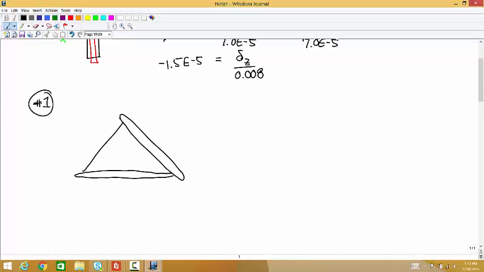We have this triangular shape, and all the members are connected by pins. And you have a roller over here, and this is just connected to the ground. And 10,000 newtons acting here.